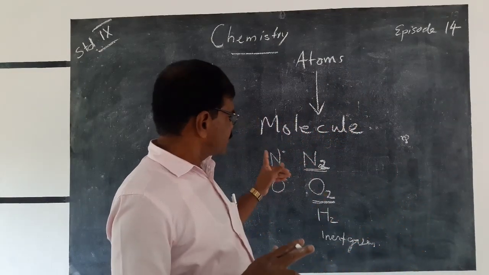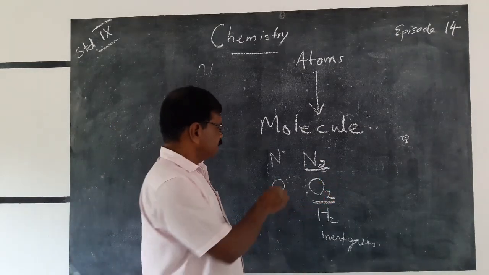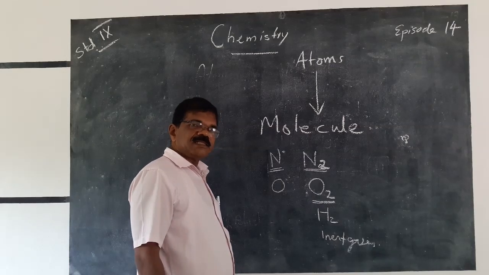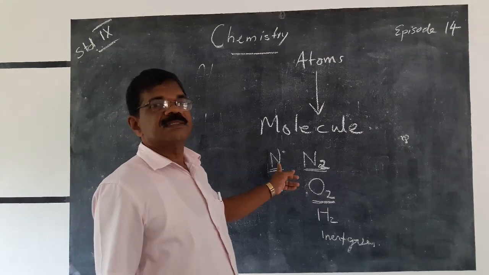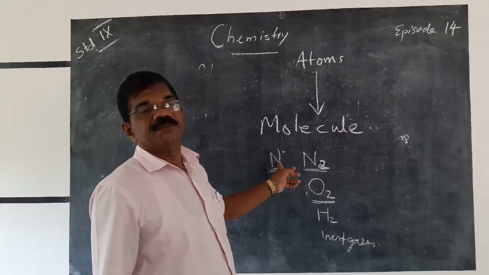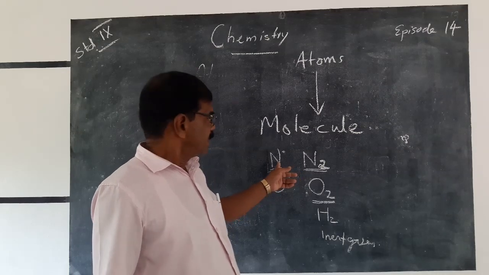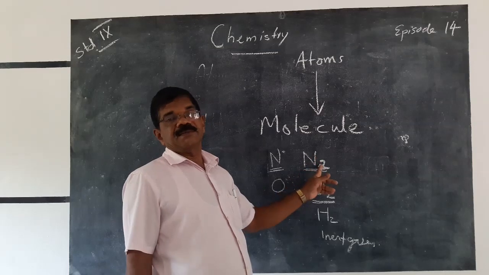The symbol also represents one atom. One difference is that this nitrogen atom cannot exist independently in the atmosphere. As soon as nitrogen atoms are formed, they combine with other nitrogen atoms to form nitrogen molecules.